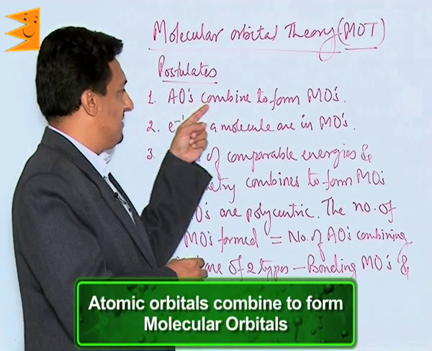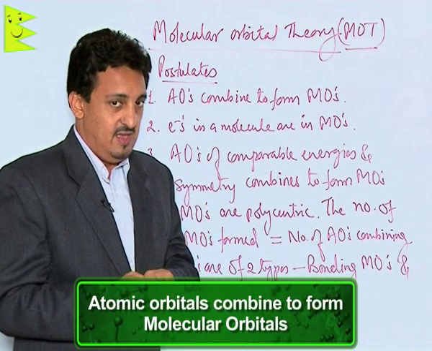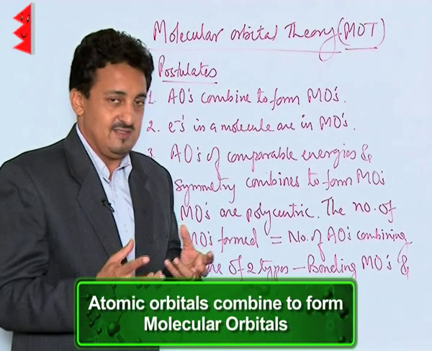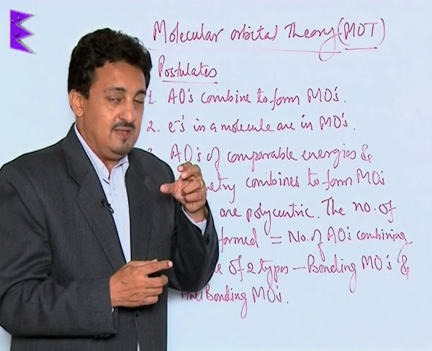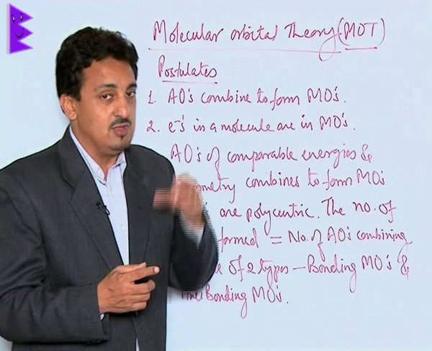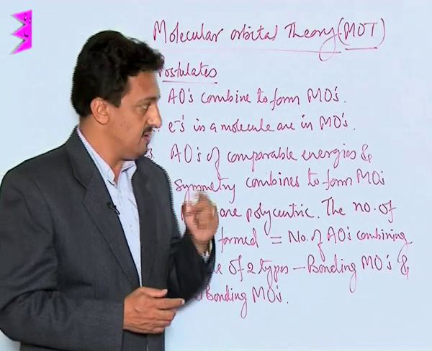So atomic orbitals combine to form new types of orbitals called molecular orbitals. We will not call them hybrid or something like this. We will call them molecular orbitals, because now these orbitals belong to the molecule and not to the individual atom.